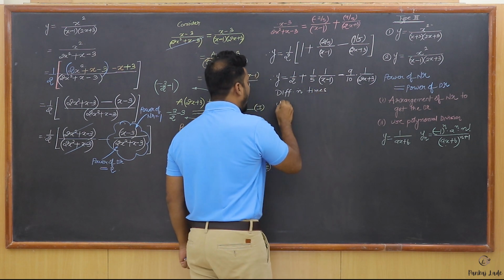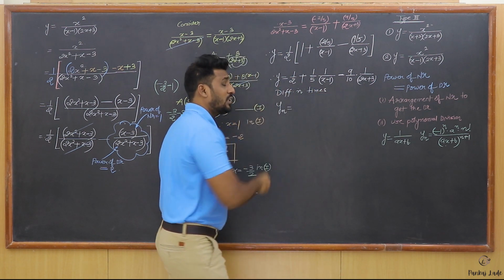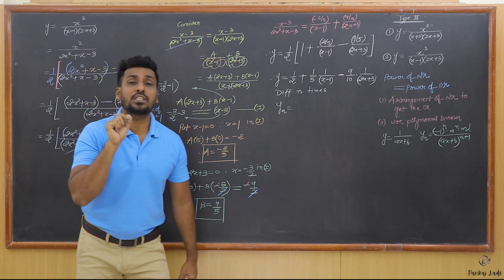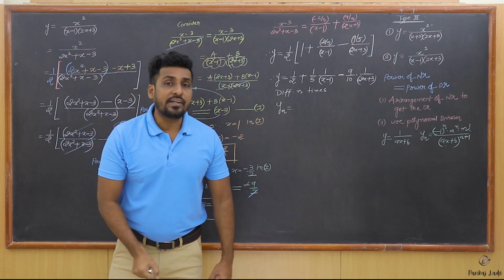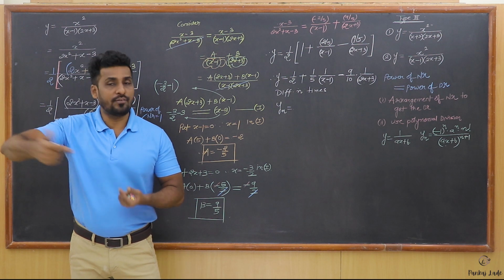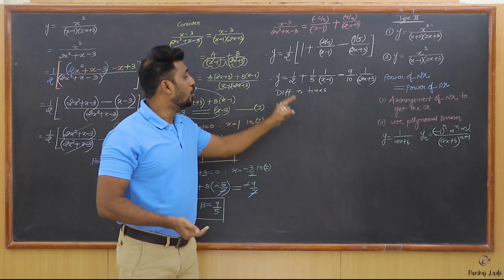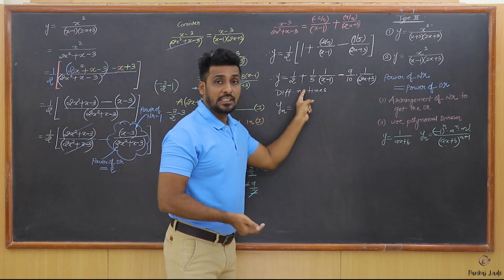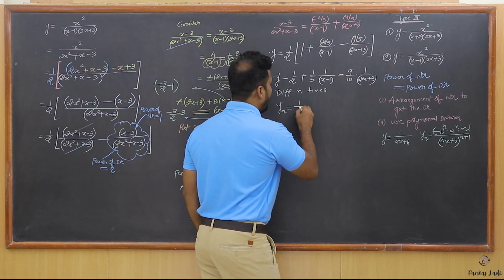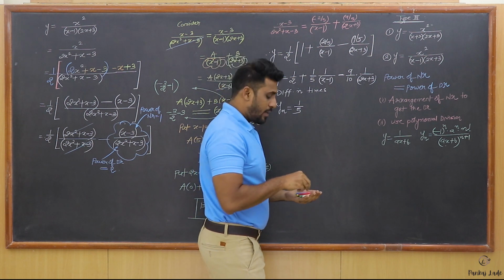So what happens? You get yn. What's your first term? The first term is 1 upon 2. It's a constant term. The very first derivative is going to come 0, so the nth derivative obviously comes 0. So no need to write the nth derivative of 1 upon 2. Next term, if you observe, 1 upon 5 is a constant. So I write this 1 upon 5 as a constant, and I have 1 upon x minus 1.